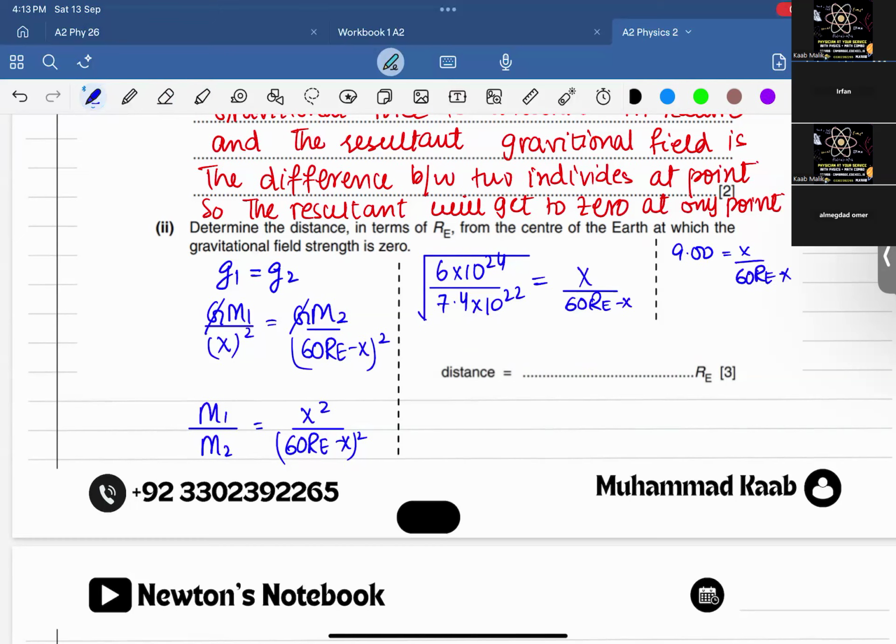If we just solve it, 60 into 9 is 540 RE minus 9x is equal to x. When you take the x to the other side, it becomes 10x equals 540 RE. Then the zeros go off, so you're getting 54 RE as the distance. Clear?